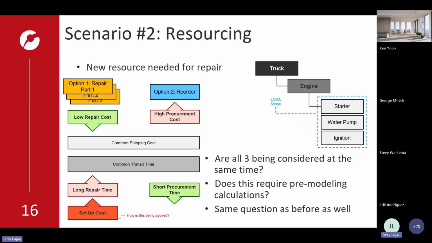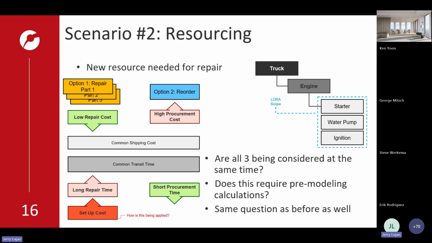So again, we kind of have the same thing. It's going to be a low repair cost, about the same shipping time, same transit time, a longer repair time, but we also have the setup costs, right? And then on the reorder side, we have a procurement cost that's high, but a short procurement time. So again, really importantly, are all things being considered at the same time?